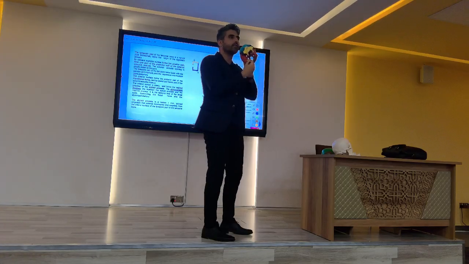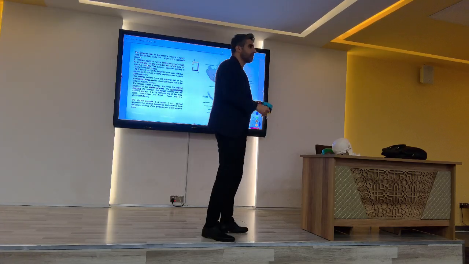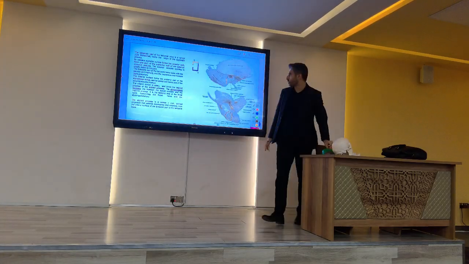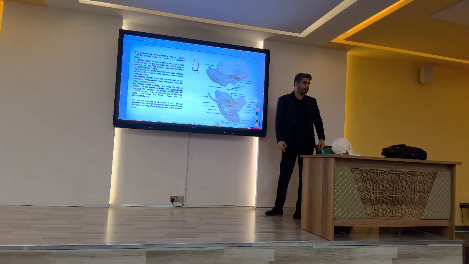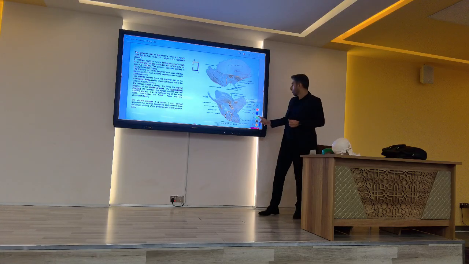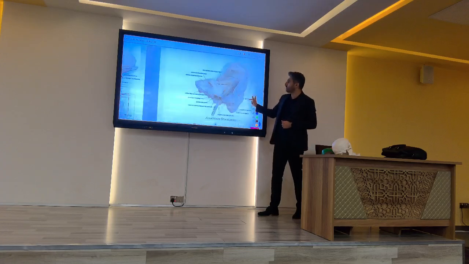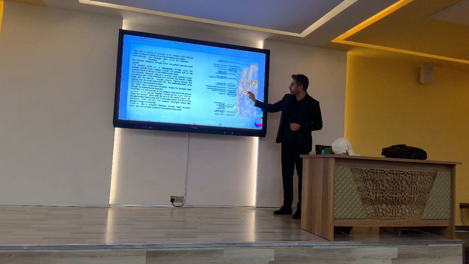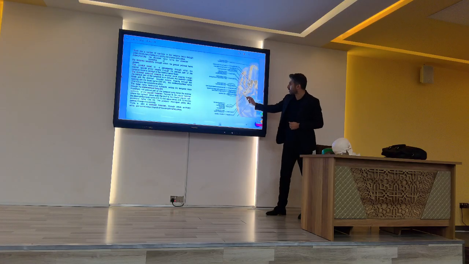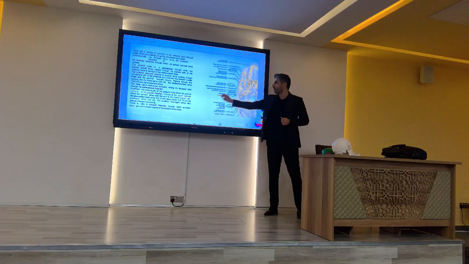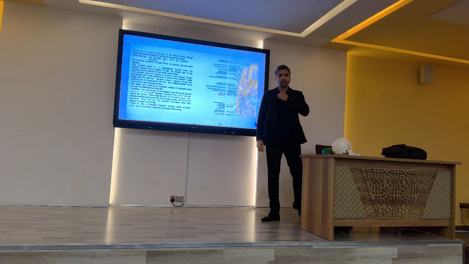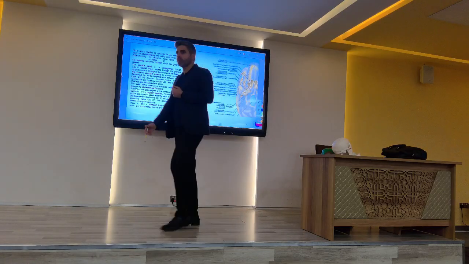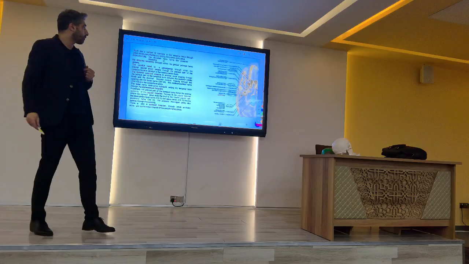The name of this foramen is the stylomastoid foramen. Which structure passes from here? The facial nerve goes out from here finally. Let me show you the picture again. Here are the styloid process, mastoid process, and stylomastoid foramen. The facial nerve finally goes out from the stylomastoid foramen.